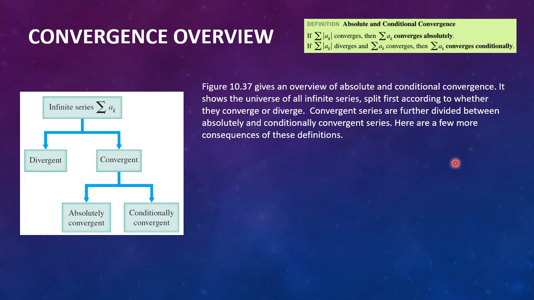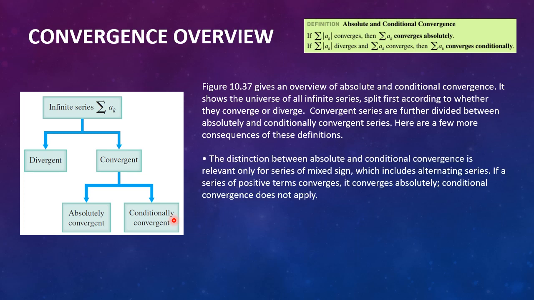Figure 10.37 gives an overview of the absolute and conditional convergence. It shows the universe of all infinite series split first according to whether they converge or diverge. Convergent series are further divided between absolutely convergent and conditionally convergent series. Here are a few more conditions.